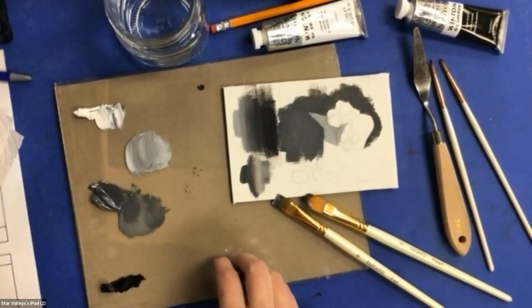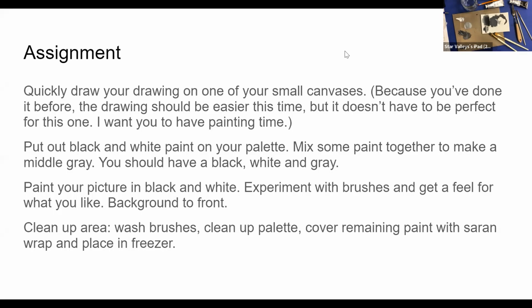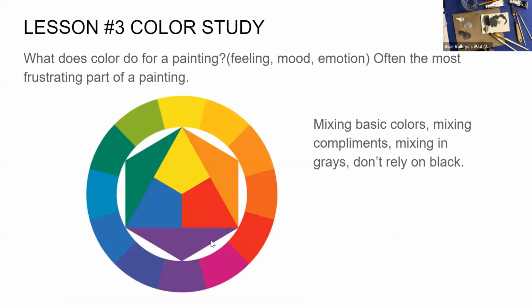You decide how you want it arranged on your canvas, both with just the drawing and with the values. Then you would draw your picture really well. Then you will figure out your values to make sure that everything looks correct.